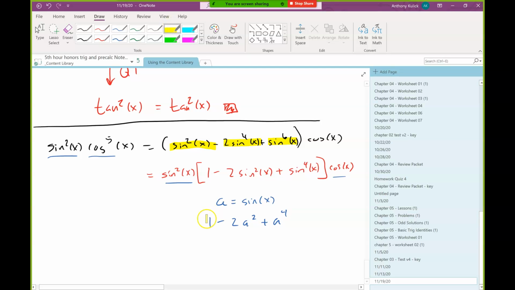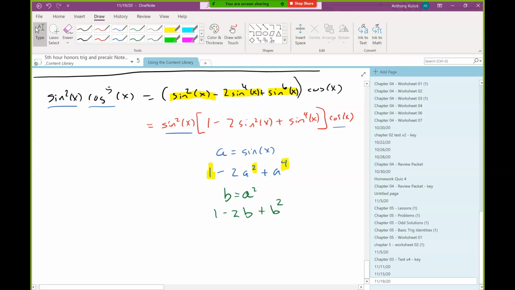I can tell that because I have a constant term, and then the degrees of the other two terms, one degree is twice the other. So if I think about making a second substitution, I'm going to call b equal to a squared. That gives me 1 minus 2b plus b squared.